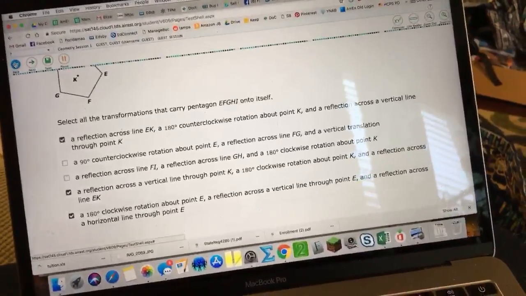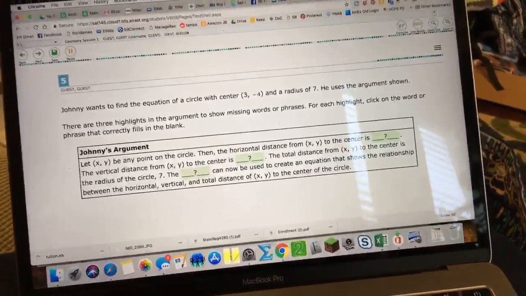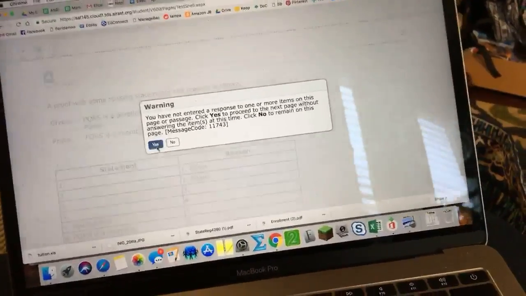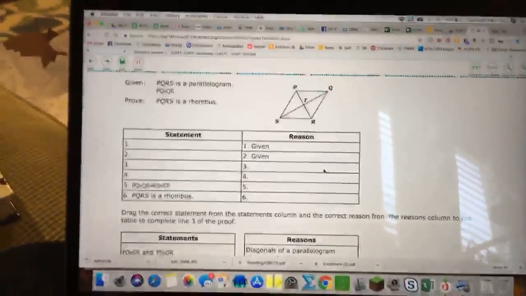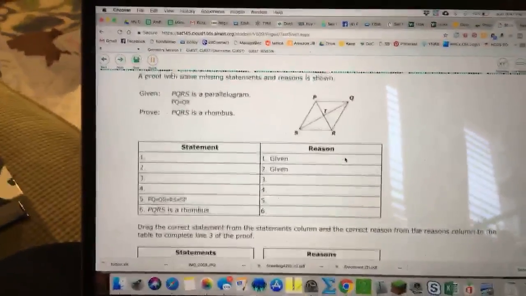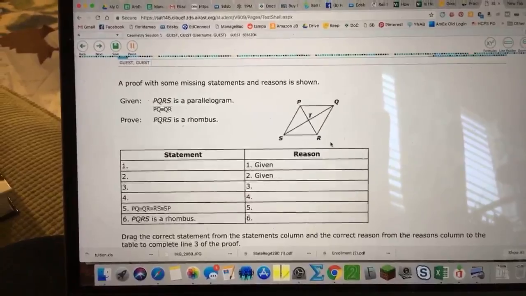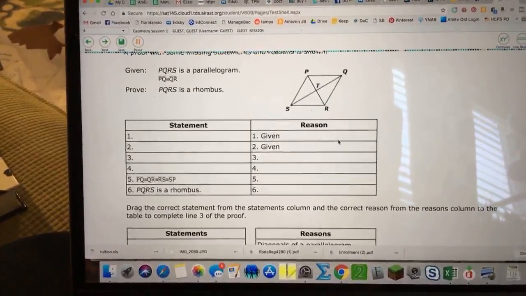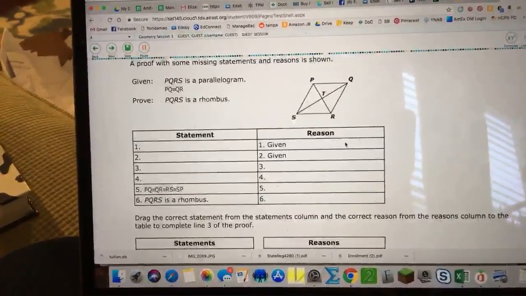Amber, you wanted me to go to number 4 on the online practice. It's a proof, so we're going to drag and drop. And this is a parallelogram proof. So given that PQRS is a parallelogram, and given that PQ is equal to QR, she wanted number 3.